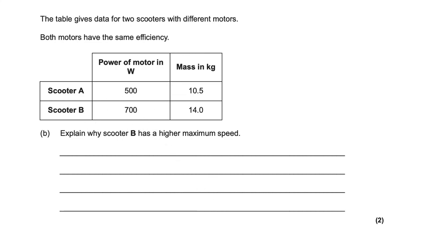Okay, I would be showing that I know what power means, the energy transferred per second. So scooter B has a higher power, therefore it's going to be transferring more energy each second. Okay, and because the scooter's moving, it's transferring to kinetic energy. So more kinetic energy each second.